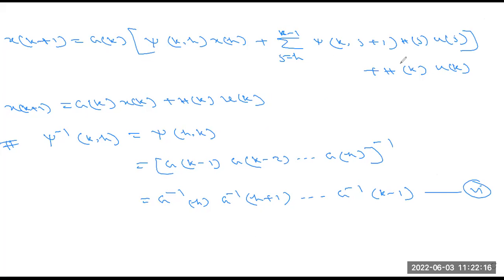So coming to the point, the state transition matrix, according to our linear time varying and linear time invariant system, we have to follow particular rules.